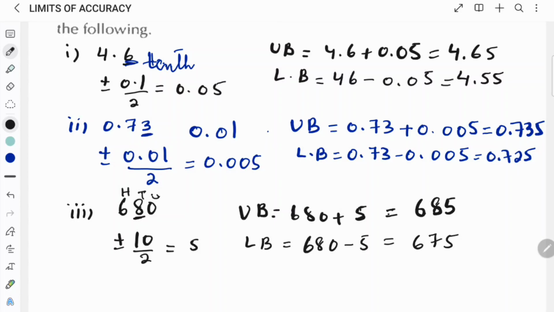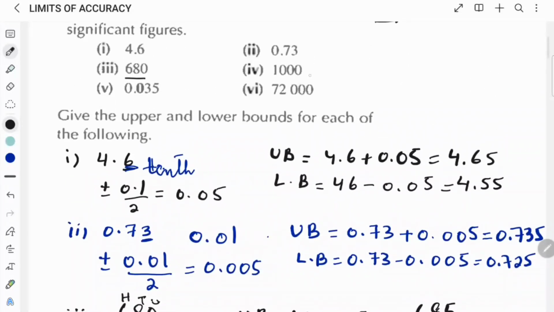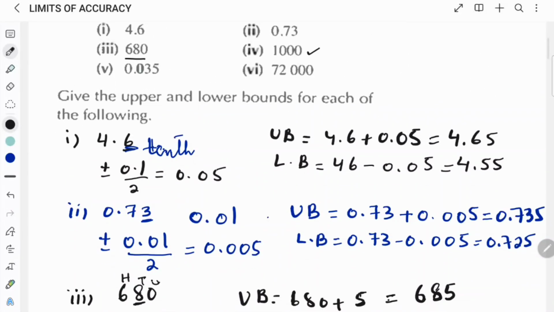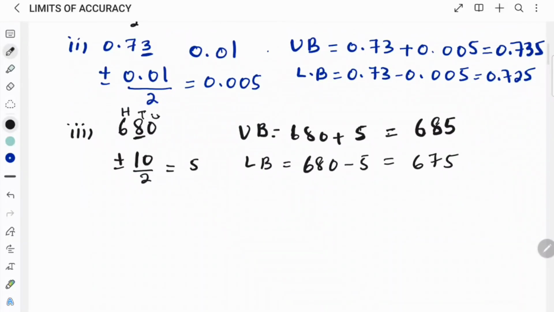Okay, now that was part 3. Part 4 is 1000 corrected to two significant figures. The second significant figure number is this: unit, tens, hundreds, thousands. So 0 is the hundreds number.